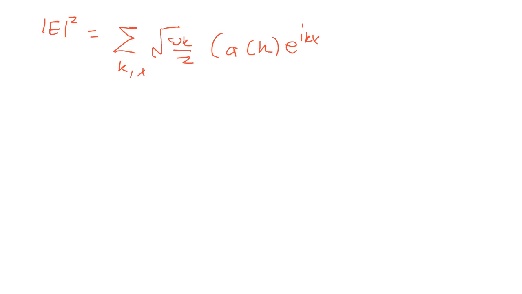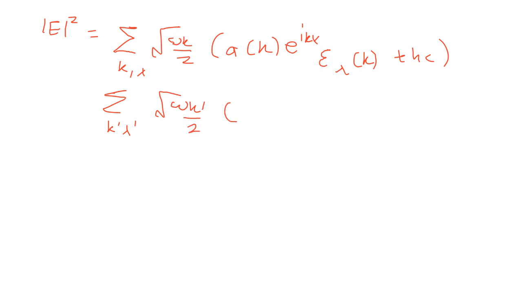You just write everything out: epsilon lambda of k plus the emission conjugate. This is the first E. Then you have to multiply, change the variables, call them k prime, lambda prime, square root of omega k prime over 2, a dagger of k prime e^{-ik'·x} plus the emission conjugate.